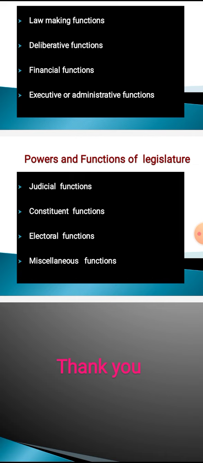For example, in the United Kingdom, the House of Lords is the highest court of appeal. In America, the Congress is empowered to try all impeachments against judges, and even in India, the legislature has the power to make impeachment against judges.